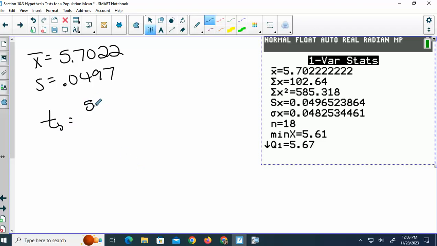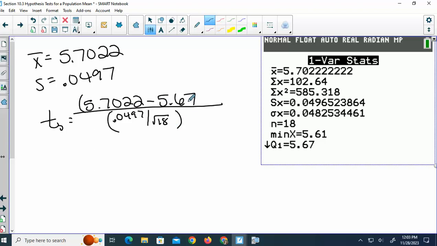So that's our mean minus the mean of the null hypothesis, which was 5.67, divided by S, divided by the square root of N. So we get 2.749 for the T statistic.